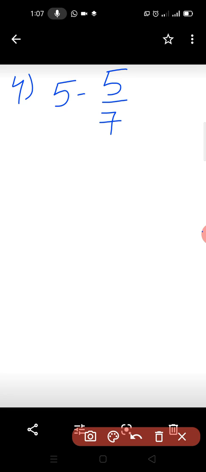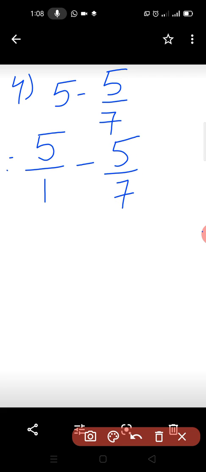So here for the first number, there is no denominator. Simply you can write 1 as the denominator. 5 by 1 minus 5 by 7.